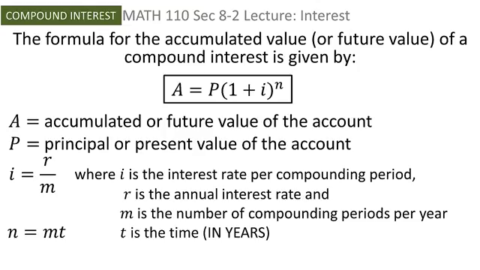So if you've got quarterly interest for 5 years, that would be 20 compounding periods through the course of the loan, 4 per year for 5 years. So little i is the interest rate per period, calculated by dividing r by m, and little n is the number of times interest is paid over the entire course of the time the money is left in the account, and that's little m times little t.